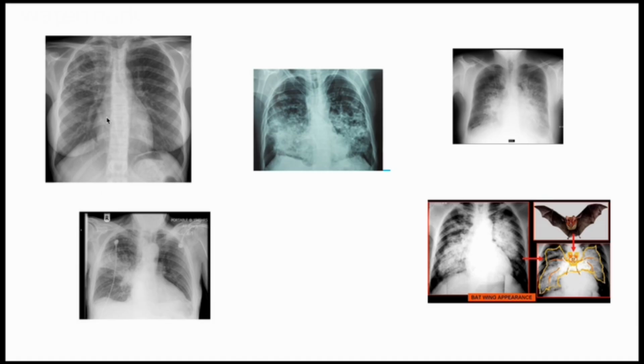If it is cavitating, confluencing in the upper zones, cavitating like this, then we say this is PTB. On the other hand, if it is still alveolar in the central zone, fairly sparing the apices and the bases, describing what we refer to as a bat wing, then probably we are talking about pulmonary edema.